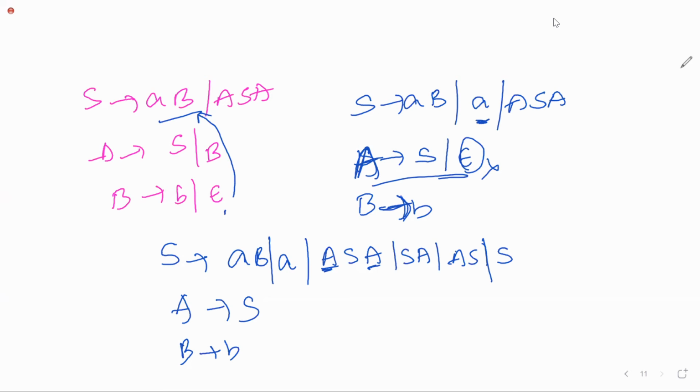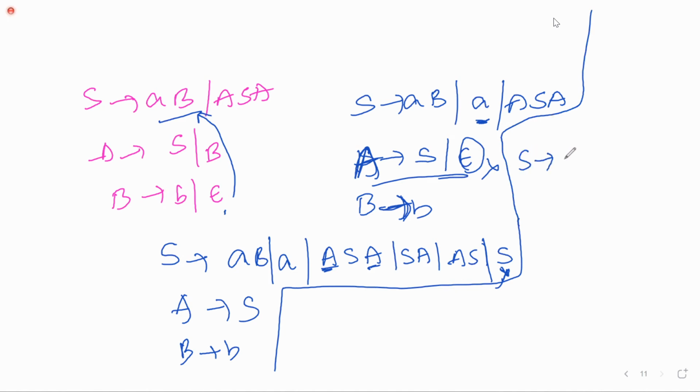Now it is having unit productions, that also we'll remove. Okay. S tends to S. Do you have any meaning in writing this? Nothing, right? You simply remove this. Next. A tends to S, which means, for example, here I'm taking S tends to what you are having, AB or A or ASA or AS or SA.